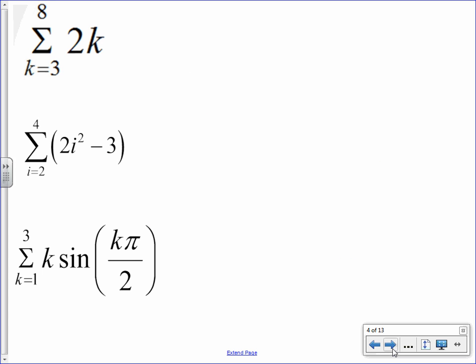Okay, so these are the 3 that I would like to work through. We'll do the first one together. So 6 plus 8 plus, that's 60.